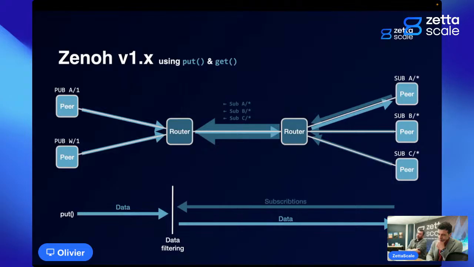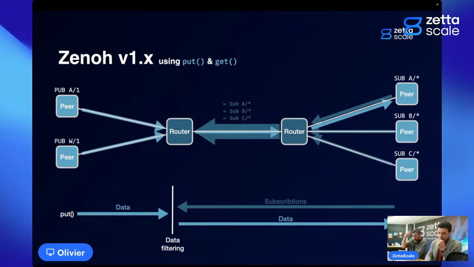From Zenoh version 1, out of the box using the put and get operations, Zenoh only propagates subscriptions to the routers, so to the infrastructure of the Zenoh system.